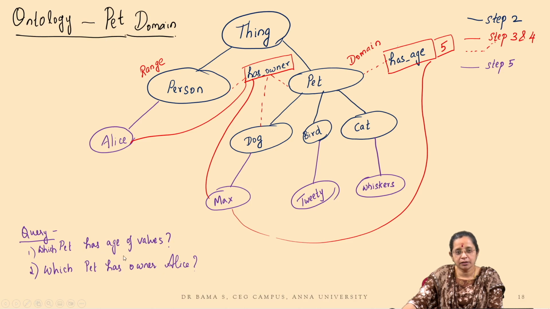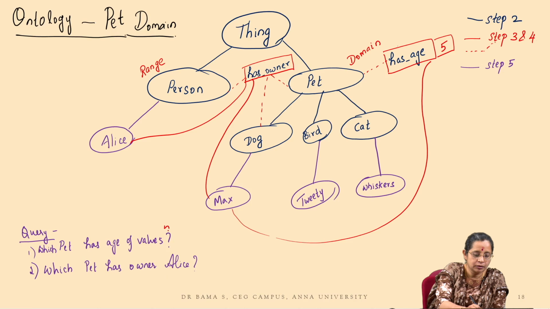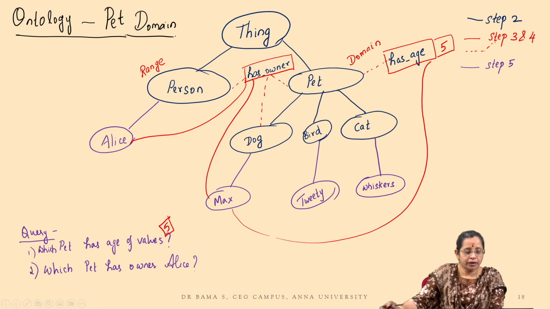Which PET has the age of value 5? And which PET has owner Alice? Just this simple demo. So, we are just asking 2 competency questions, a simple ontology that we could demonstrate. Okay. This is step 1.